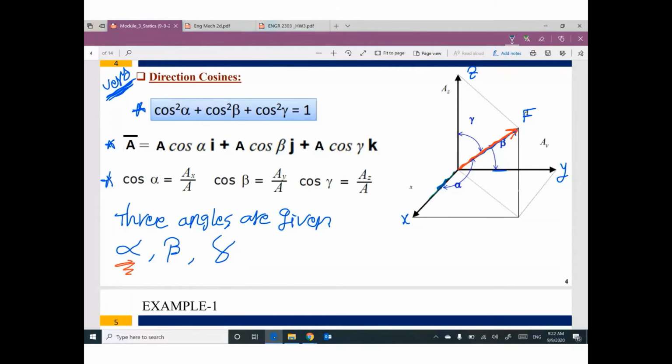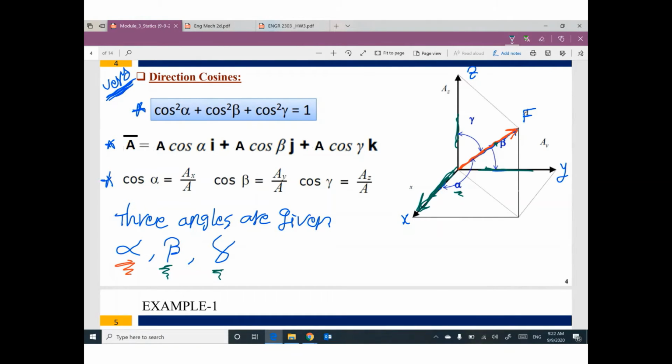Here is the x-axis. So the angle between the force and the x-axis called alpha. Beta is the angle between the force and y-axis. Gamma is the angle between the force and z-axis.